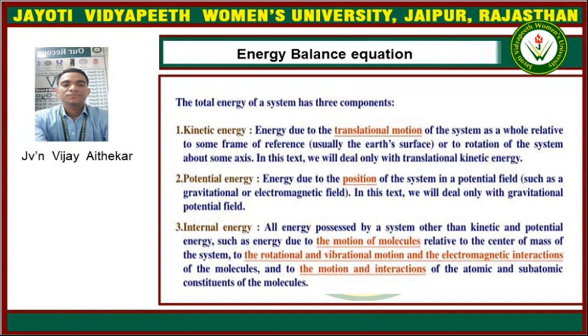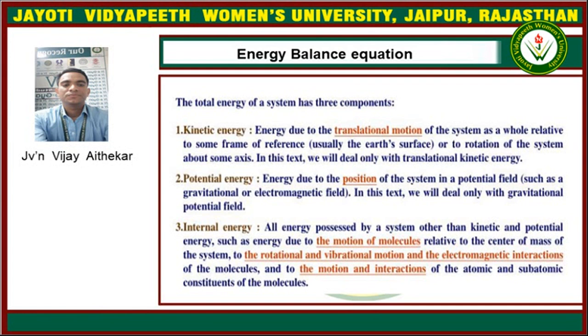The third type is all energy possessed by the system other than kinetic and potential energy, such as energy due to motion of the molecules relative to the center of mass of the system, rotational and vibrational, the electromagnetic interaction of the molecules, and the motion and interaction of the atomic and subatomic constituents of the molecules.